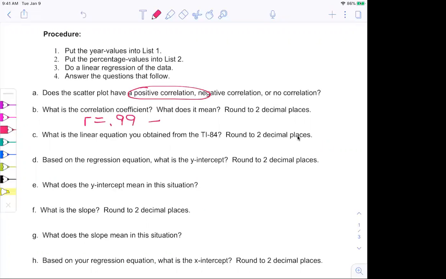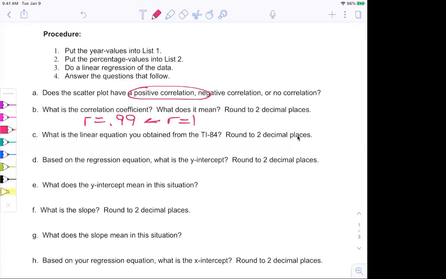Because remember, if this is 1, it's a perfect line, perfectly linear. But if that number is really close to 1, then the data points are really close to fitting on a straight line. One point might be slightly off, maybe another point might be slightly off, but they're all going to be touching that line. They just might not be in the center of the line.